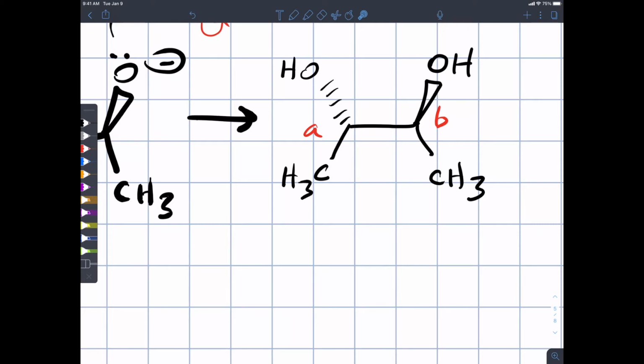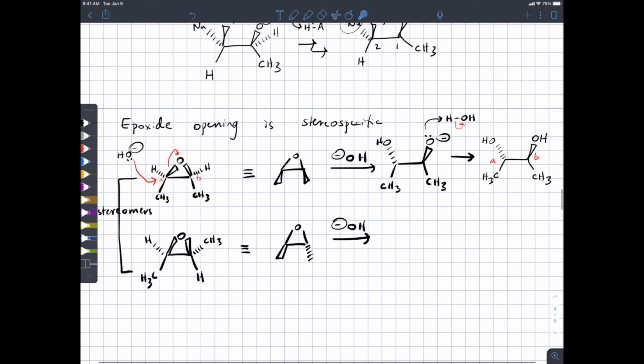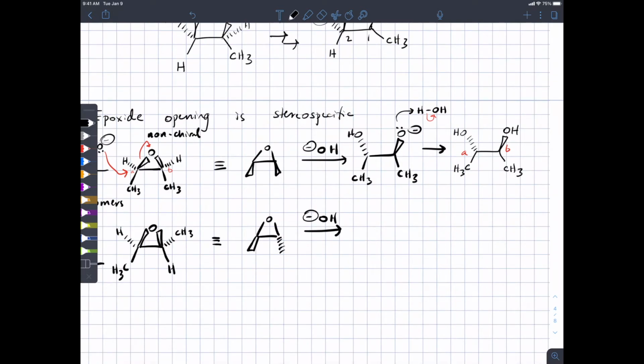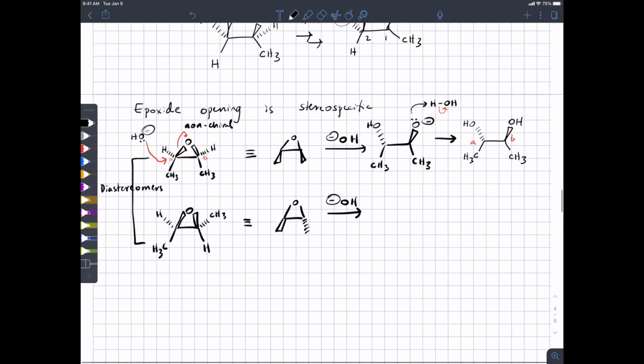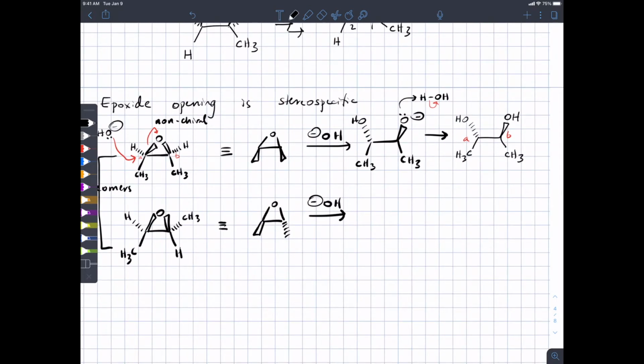Can we get a chiral product from a non-chiral starting material? Well, if you do, you have to get both varieties, right? Do you remember how I told you that the OH group could attack carbon B as well? If it does attack carbon B, then we get the other enantiomer.